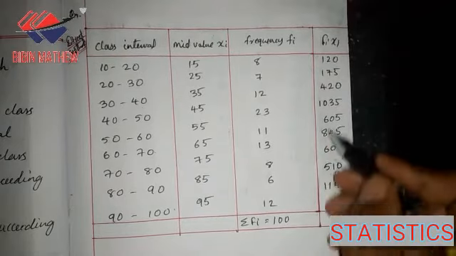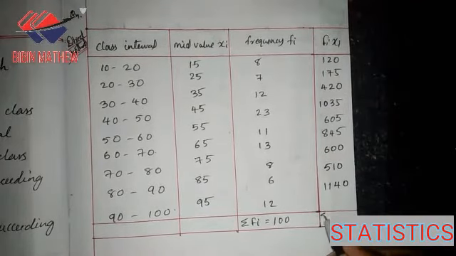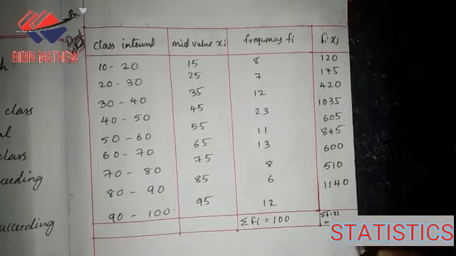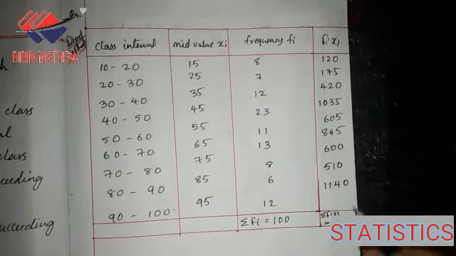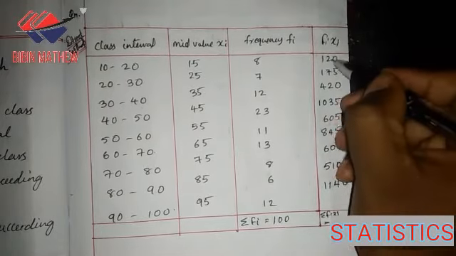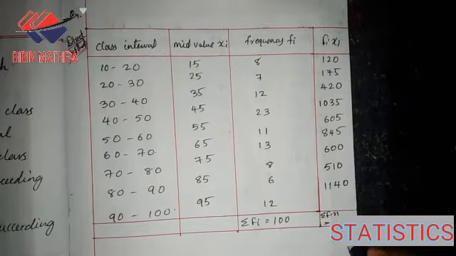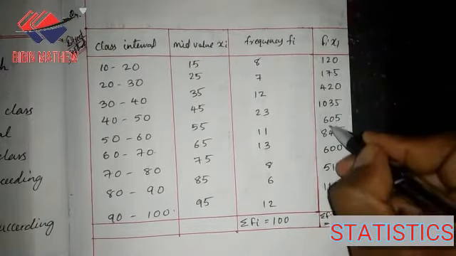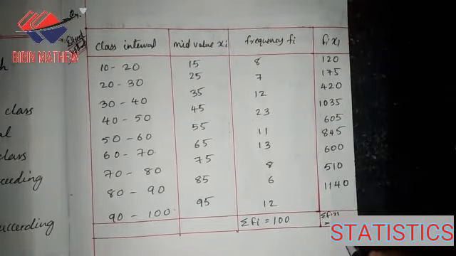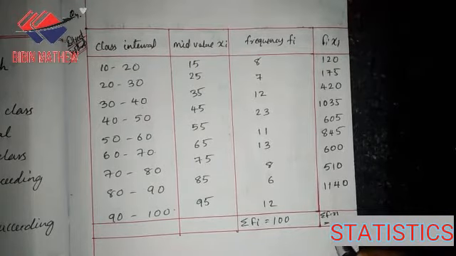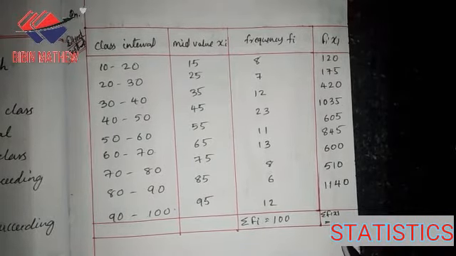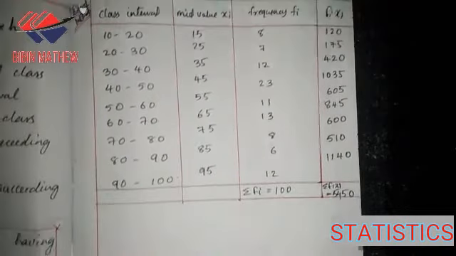Now you have to take the summation, sigma fi xi. The whole sum is 5450. So now, you got this much.